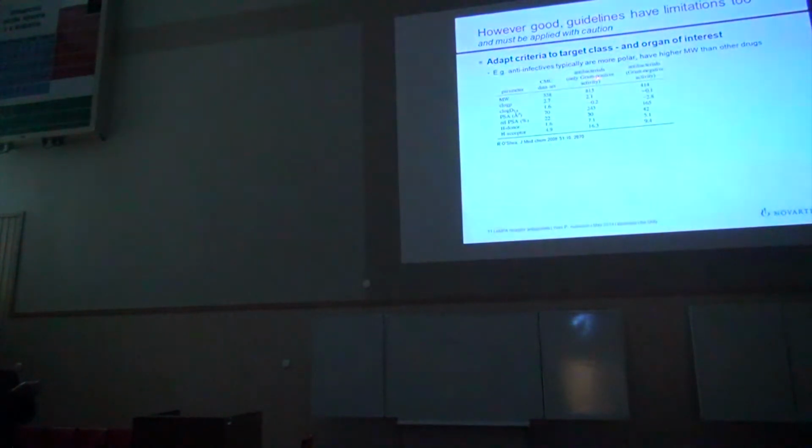Now, if you look at antibacterials for gram-positive bacteria, the average is 813, so it's more than double. For antibacterials that are for gram-negative bacteria, it's 414, so it's low again. So we need to understand what the limitations are and when to apply these particular parameters.